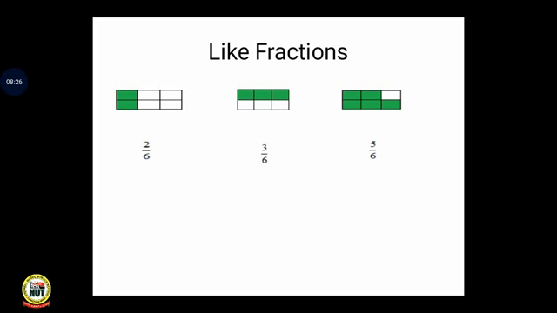The shaded part is 5 plus the unshaded part, which is 1. So 5 plus 1 is 6. That is the denominator. So, like fractions are fractions that have the same denominators. Any fractions that have the same denominators are called like fractions.